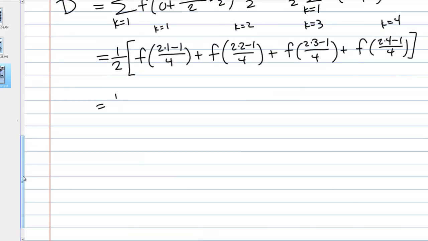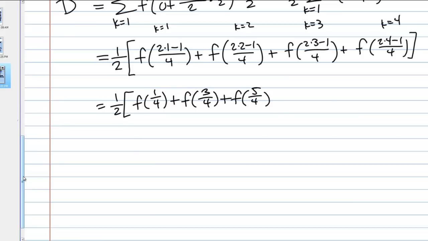So if I simplify these a bit, 1/2 is still up front. This is f of 1/4 plus f of 4 minus 1, so 3/4, plus f of 5/4 plus f of 7/4.